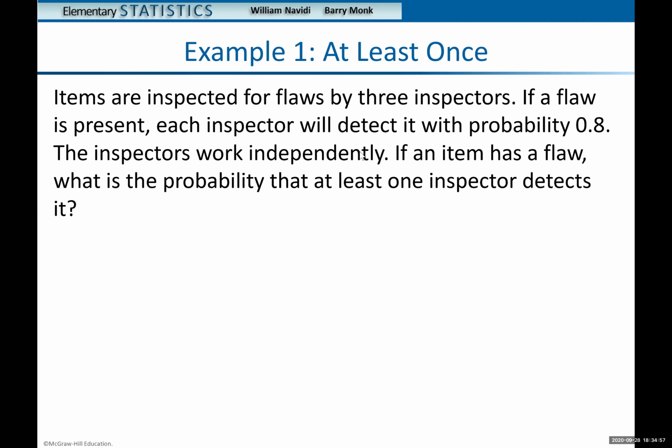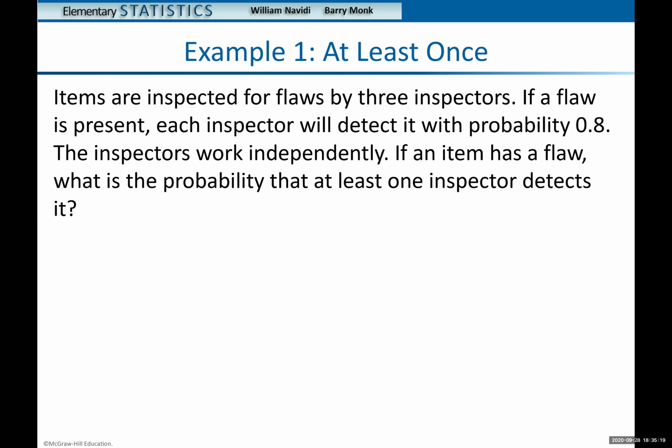An example here, example 1. Items are inspected for flaws by 3 inspectors. If a flaw is present, each inspector will detect it with probability 0.8. The inspectors work independently. If an item has a flaw, what is the probability that at least one inspector detects it?